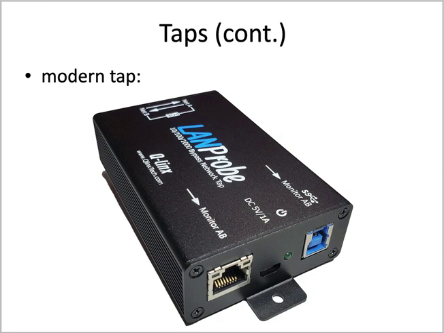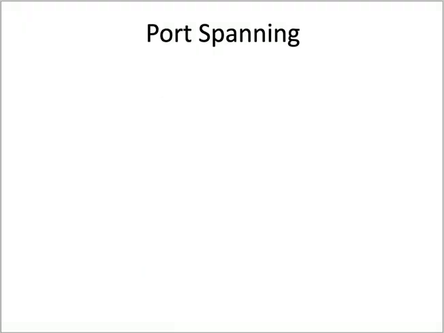We have a USB style and an Ethernet style monitor port so that you can see the network on there. That's one solution. A better solution, if you have a capable switch and you have administrative access to that switch, is to use port spanning, which is an alternative to taps.